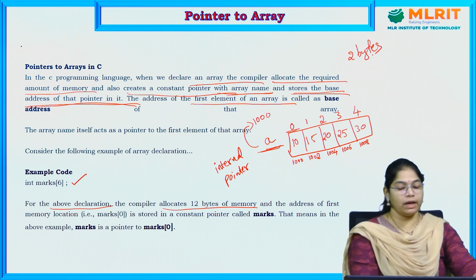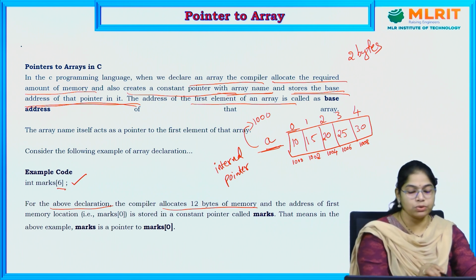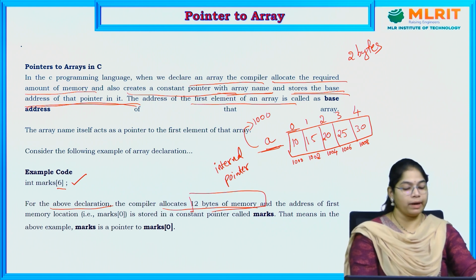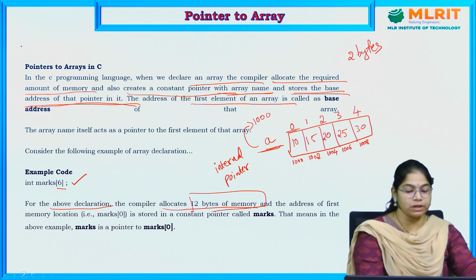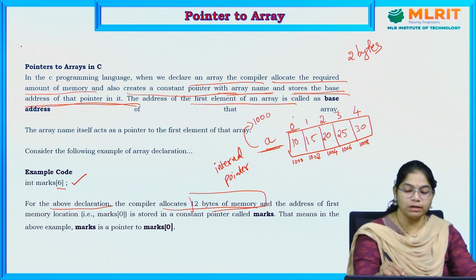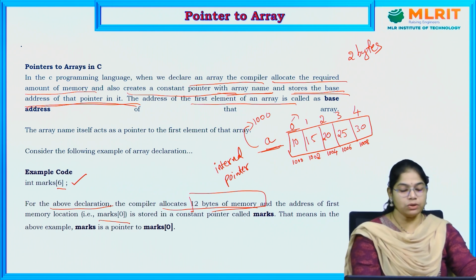So the size of the array is 6 into 2, and a total of 12 bytes of memory is occupied by that array. The address of the first memory location, which is nothing but the 0th index, marks[0], is stored in a constant pointer called marks.